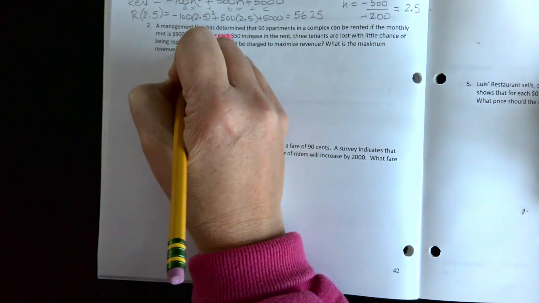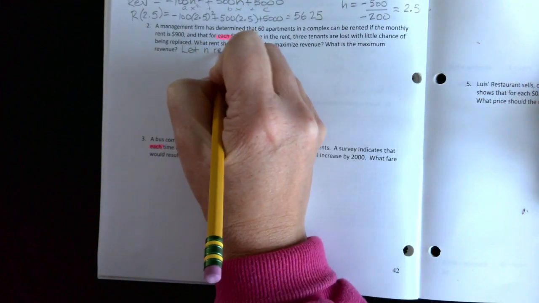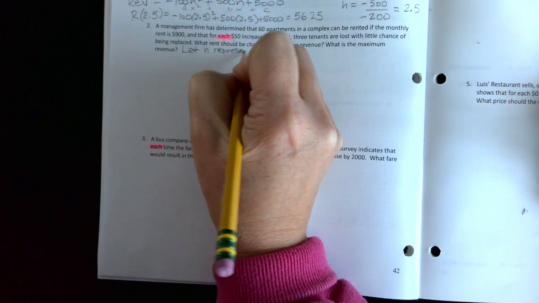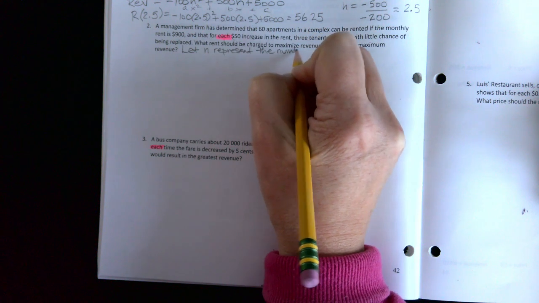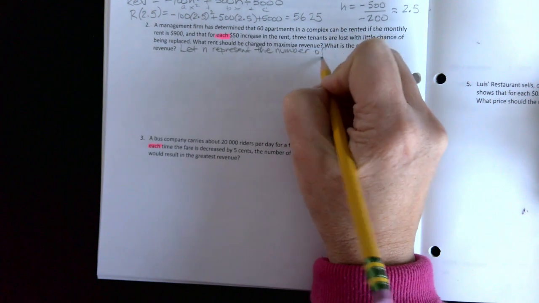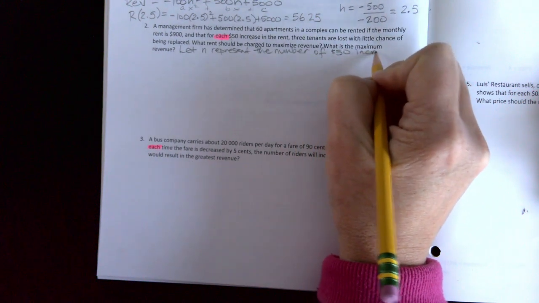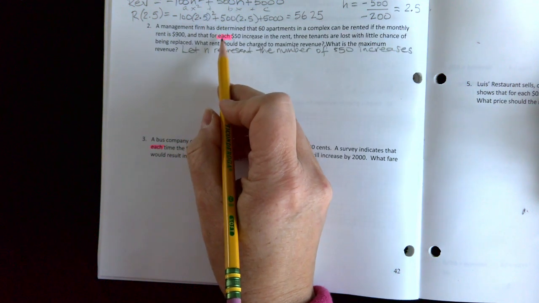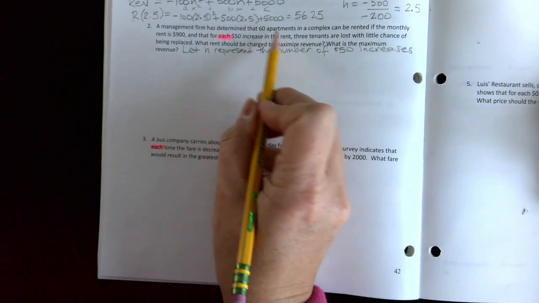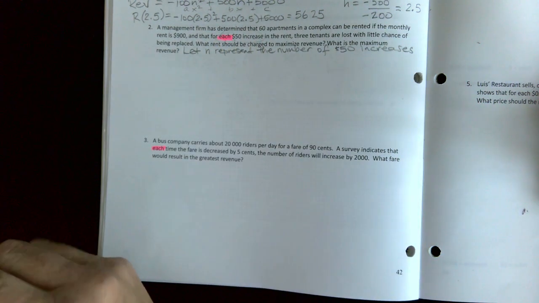So the first thing we need to do is write a let statement. Let N represent the number of $50 increases. So start with that. Find your each or every, and then write your let statement based on that.